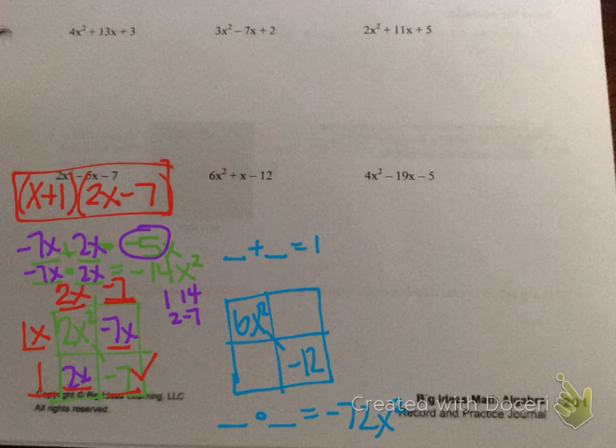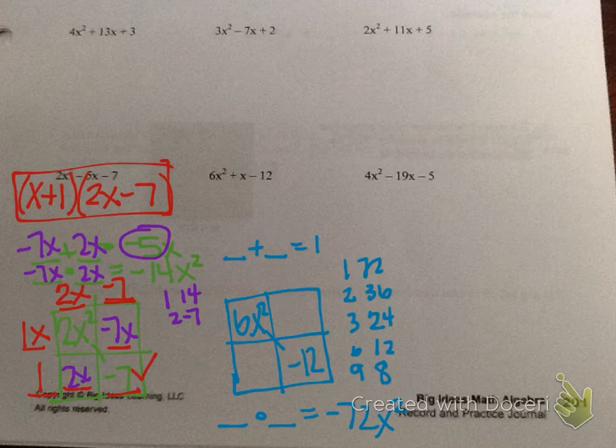So to get negative 72, I am going to do 1 and 72, 2 and 36, 3 and 24, 6 and 12, 9 and 8.